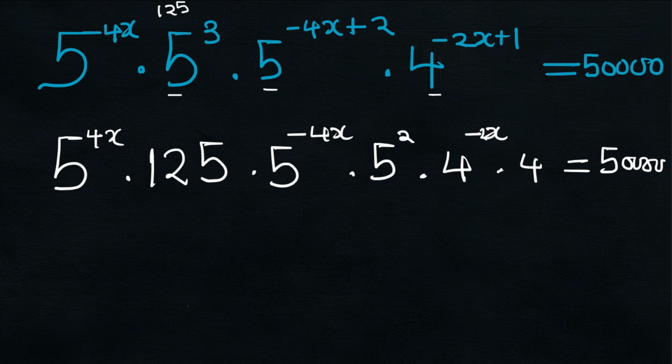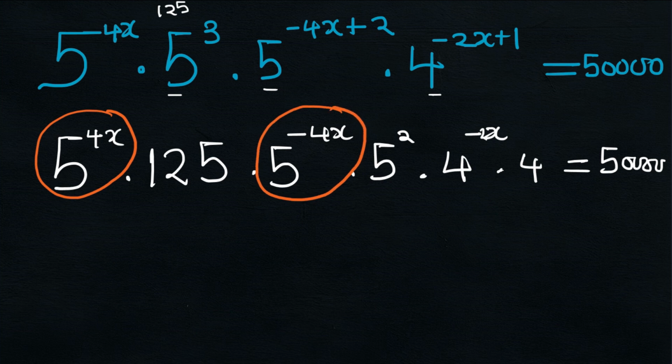So the next step, we are going to consider these numbers. We have got 5 to the power of 4x, and then we've got 5 to the power of minus 4x. So the bases are the same. We add their exponents: 4x minus 4x is equal to 0.